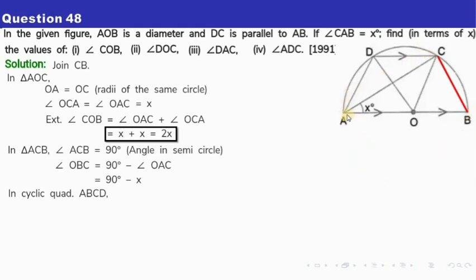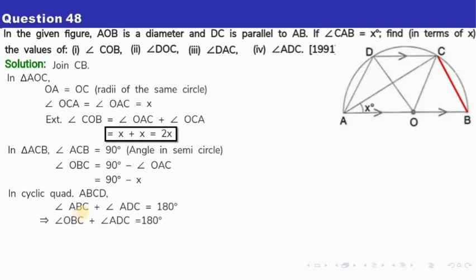Now in cyclic quadrilateral ABCD, if you extend this, it becomes a circle, and A, B, C and D all lie on the circumference. So that's why ABCD becomes a cyclic quadrilateral, and the sum of opposite angles, that is this and this, becomes 180 degrees. We know the value of ABC, that is this angle, 90 minus x.